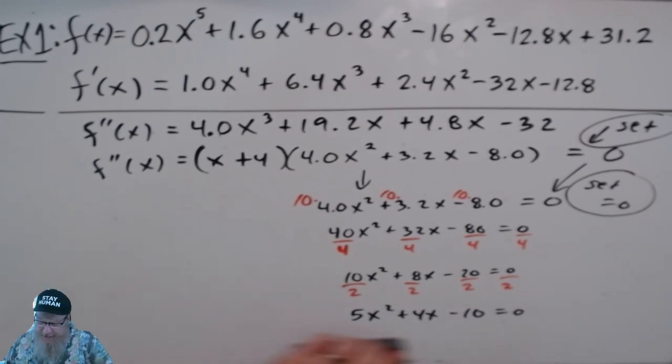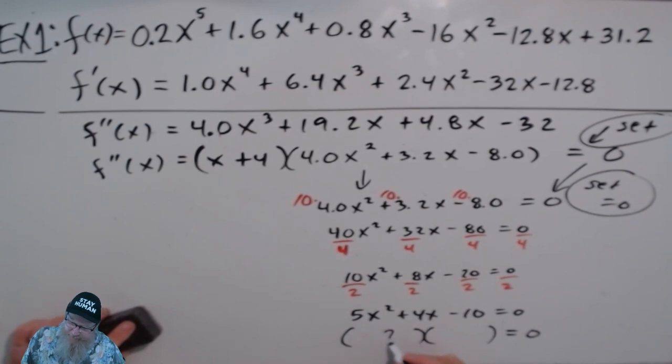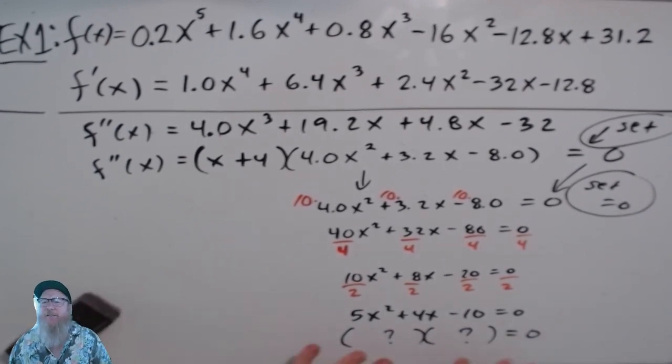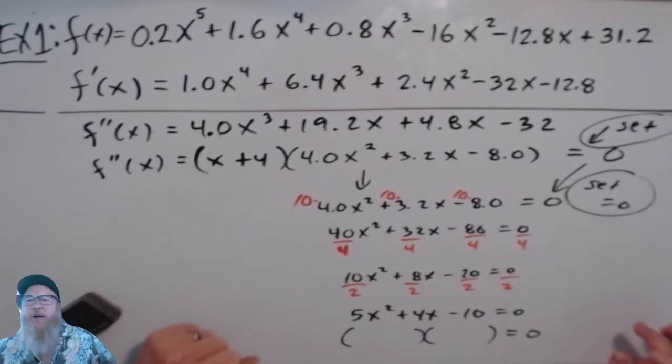All right, so give this a minute and see if you can solve it. If you can't solve it, then just use the quadratic formula. So just give it a minute. I like to sing the Jeopardy song.